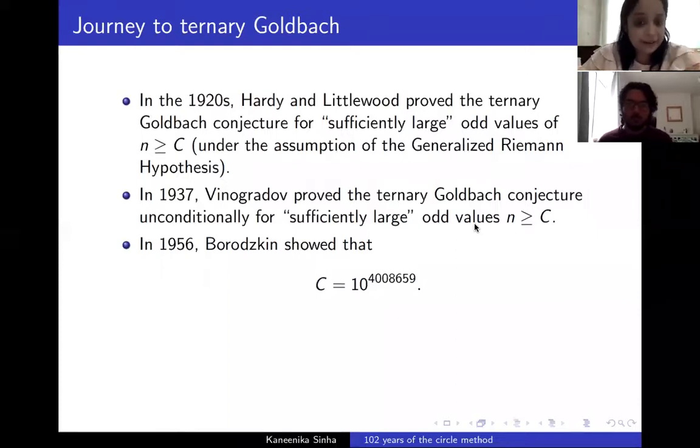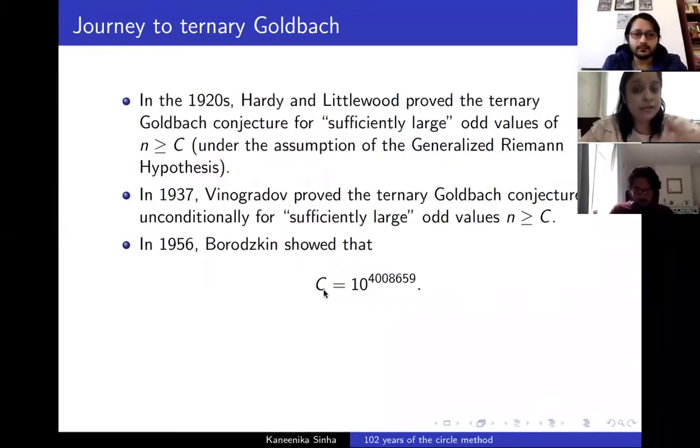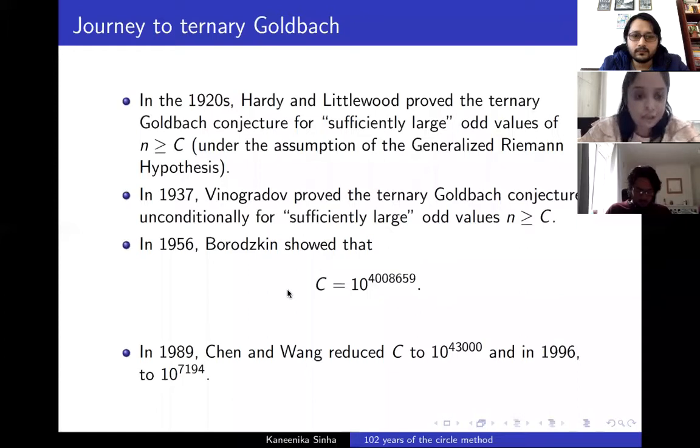So it's a very, very big number, a huge power of 10. But we now know for sure that for n greater than or equal to this huge power of 10, the ternary Goldbach conjecture is true. So now the question is, can we refine the techniques of Borodzkin to keep bringing down the values of C? And this is what happened in the journey towards the proof of the ternary Goldbach.